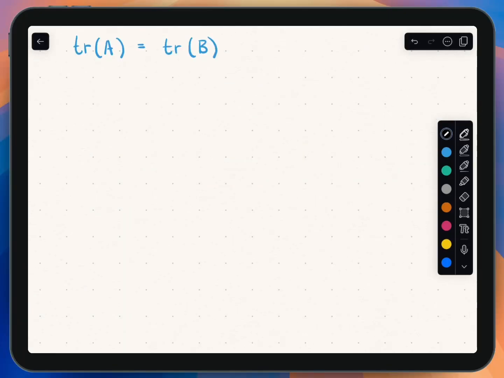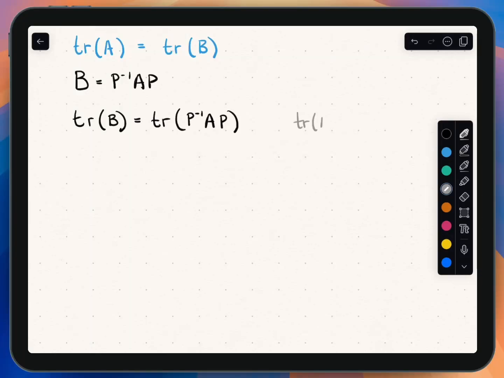So now I want to prove to you why the trace of A is equal to the trace of B. So again, I'm going to write down our important connection between these two. And then I'm just going to say, well, the trace of B is going to be the trace of P inverse A P. But then we have this property of the trace that says that the trace of AB is equal to the trace of BA.